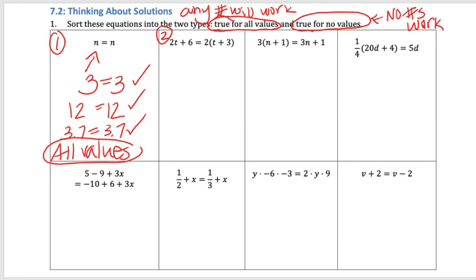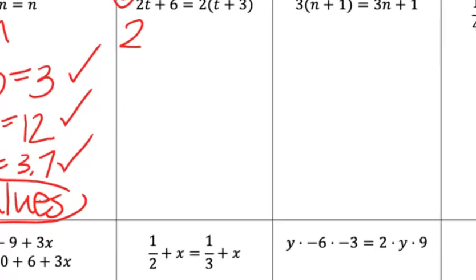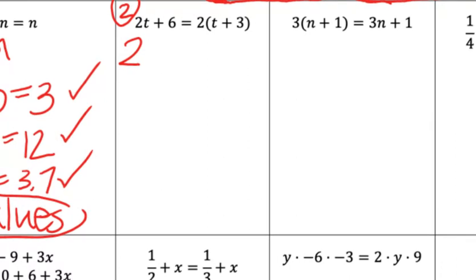Let's look at number 2. Number 2 isn't quite as obvious as number 1, so let's simplify a little bit. Be careful with these variables when you get something like a t.